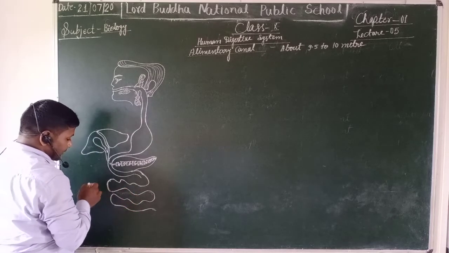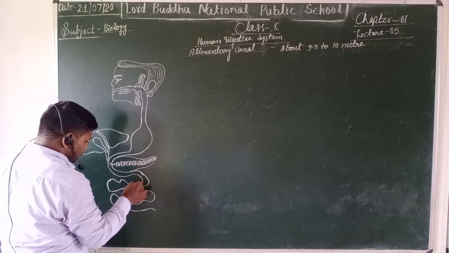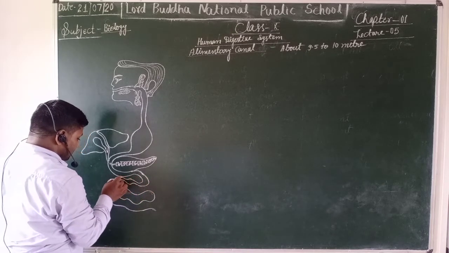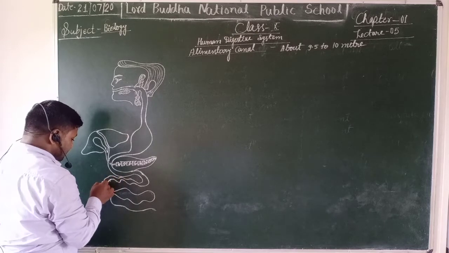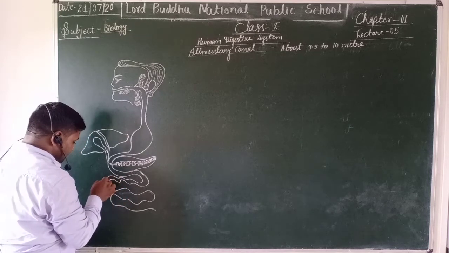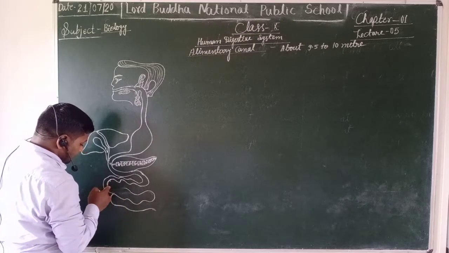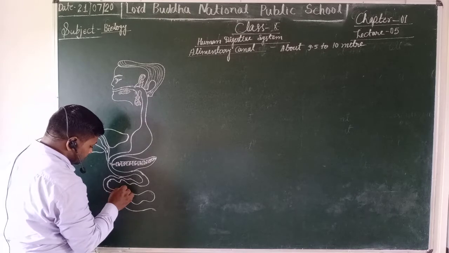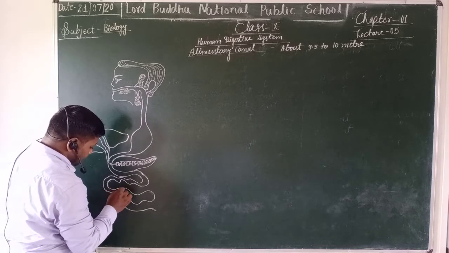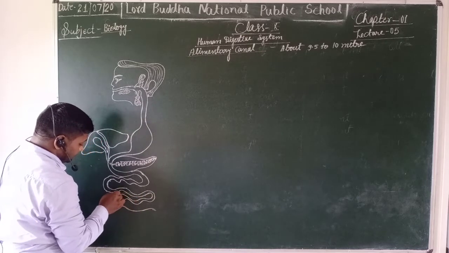This is the second part of the small intestine, also known as jejunum, just after the first part, duodenum. It further extends up to the cecum part of the large intestine.